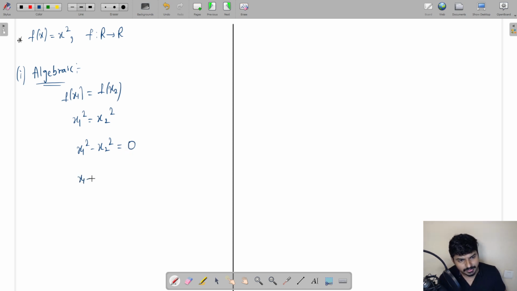So from here you can write this as (x1 plus x2) into (x1 minus x2) equal to 0. Right, everyone? So from here you're going to get two conditions. x1 equal to x2 would be one condition, and x1 equal to minus x2 would be another condition.